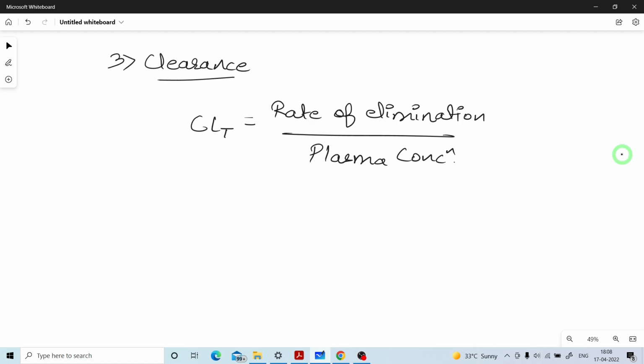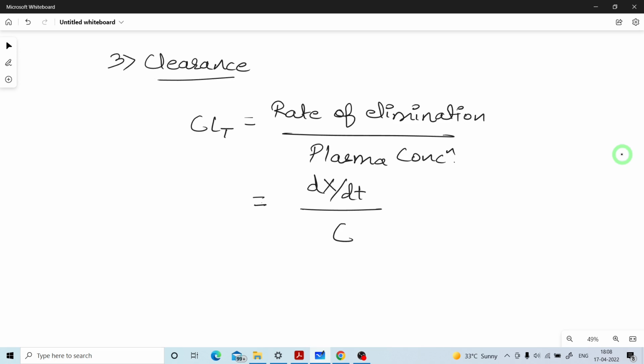If we put the values over here, then rate of elimination is nothing but it is dx upon dt. This is the term which we have used previously. Rate of elimination is nothing but it is dx upon dt. And plasma concentration is C. It is the plasma concentration at any time t, which is yet to be eliminated.